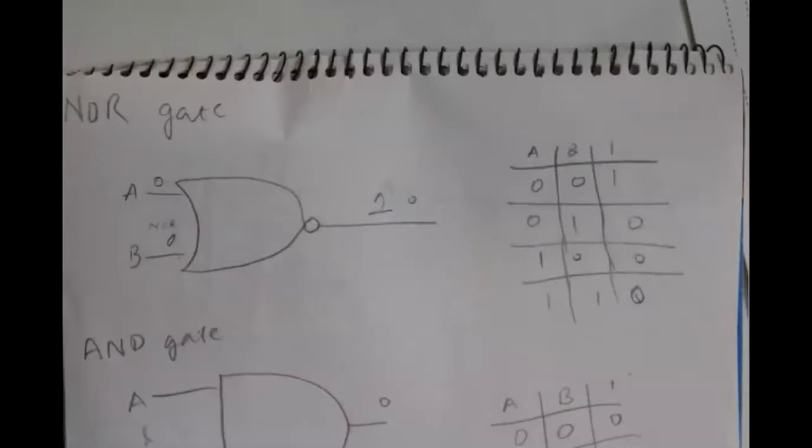If neither A nor B have an input, so neither A nor B are 1, then you get an output. Okay, so both of them have to be 0 for you to have 1.